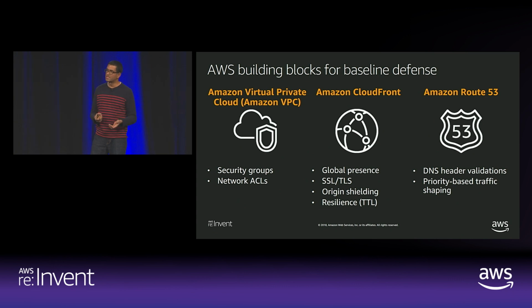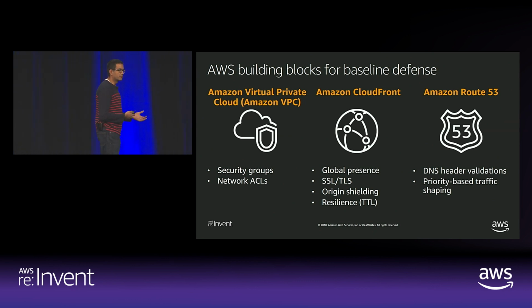VPC provides you logical isolation for your resources, where you can launch AWS resources in a virtual network that you define. And it gives you the ability to have layers of defense or security, such as security groups or network access control lists. And when Jeff does a demo in a little bit, he will dive deeper into the security groups and how to configure that in a VPC.